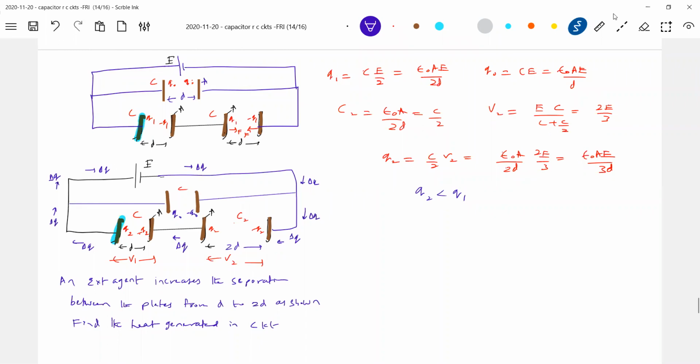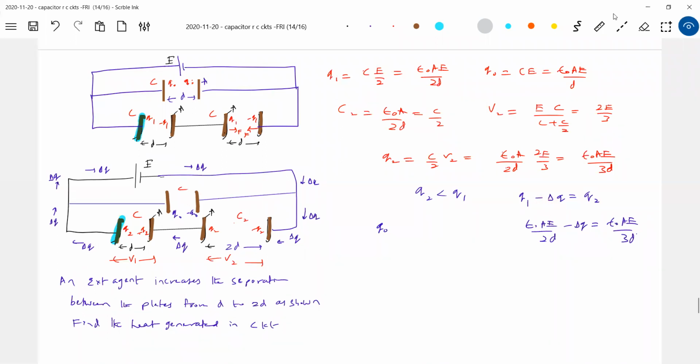I'll take help of the initial charge Q naught, some charge left, and it has become Q1. Q1 was epsilon naught A E by 2D, Q2 is epsilon naught A E by 3D. Why this negative? Why can't we write positive? You do one thing, write positive.